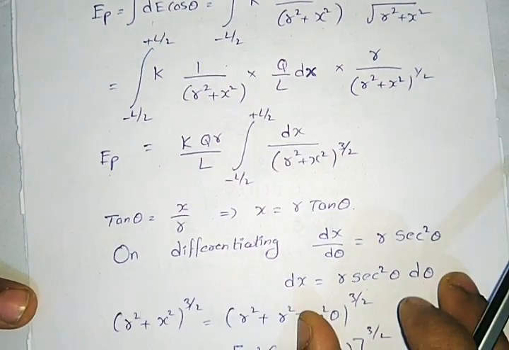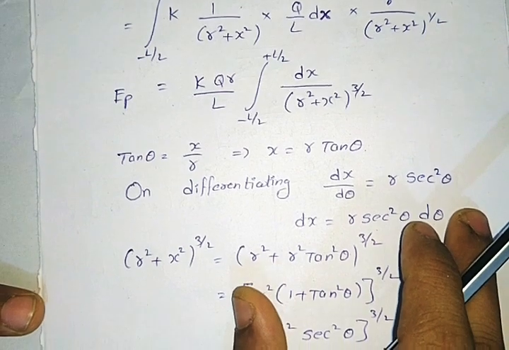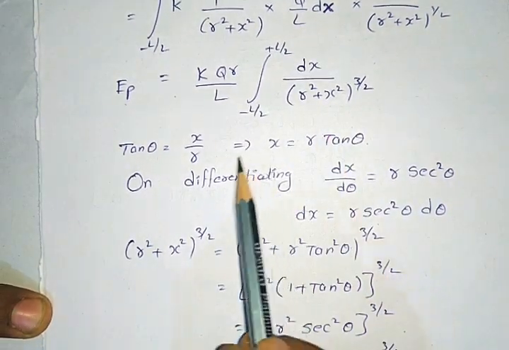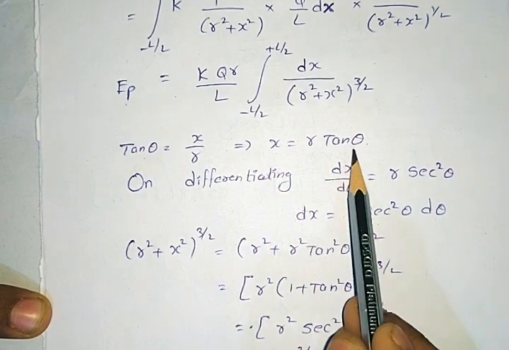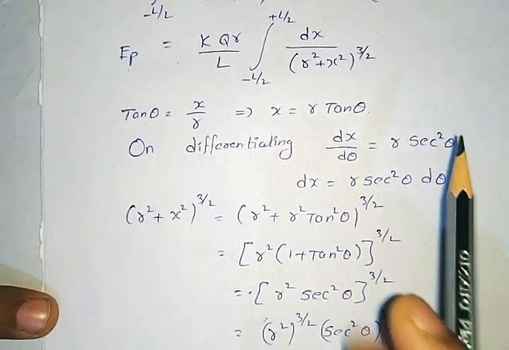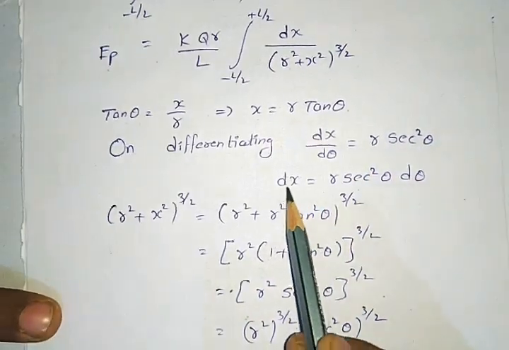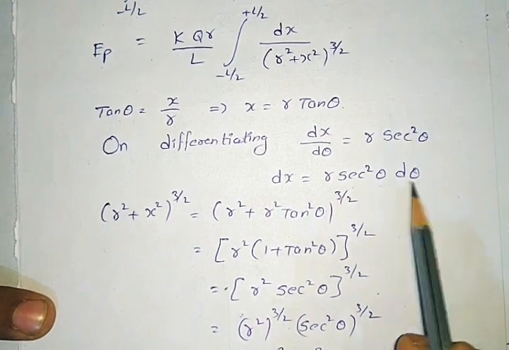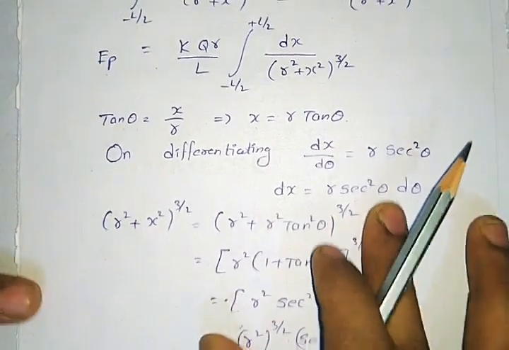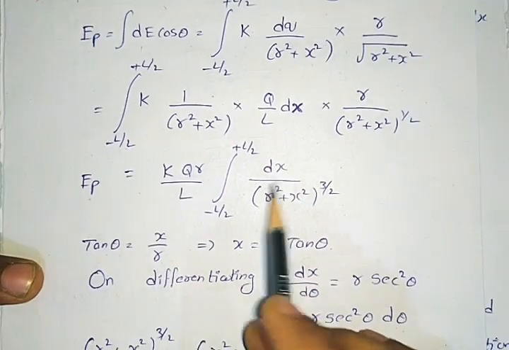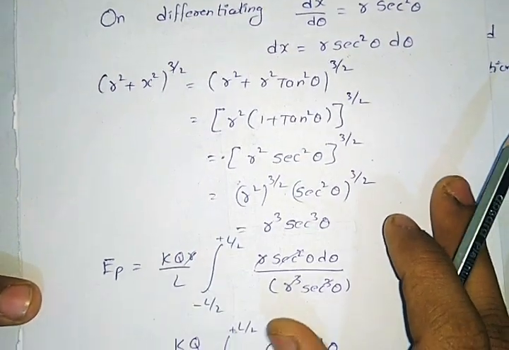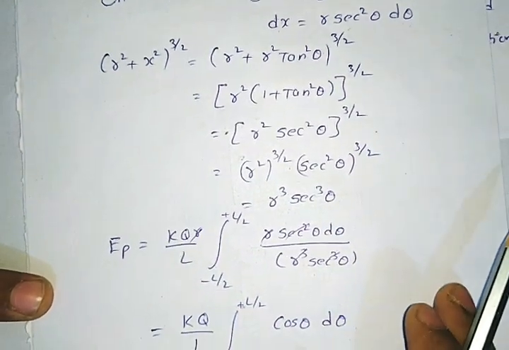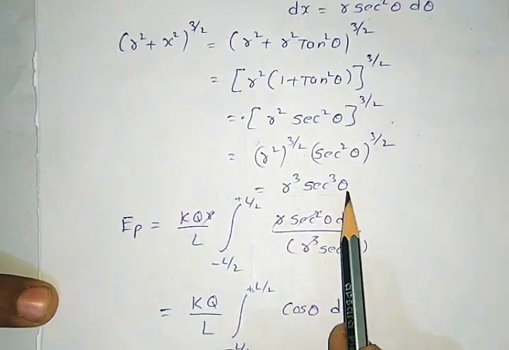Here we will use the substitution method for integration. Tan theta is x by r, so x is r tan theta. By differentiating this we get dx equals r secant square theta d theta. We substitute these values in this step. After simplification, which is very easy and you can try it, the result will be r cube secant cube theta.